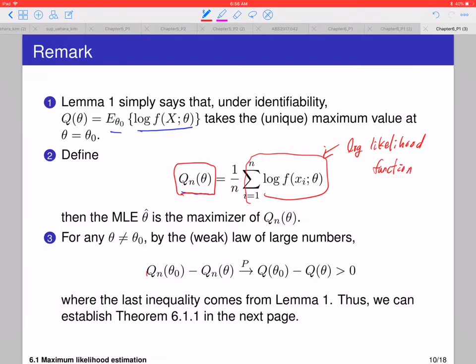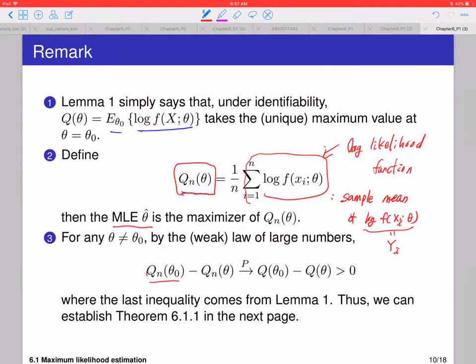So the MLE is the maximizer of this Qn zeta by definition. And then you can see that this is a sample mean of log f x zeta. You can think of this as another random variable, then it's just the sample mean of the y's.